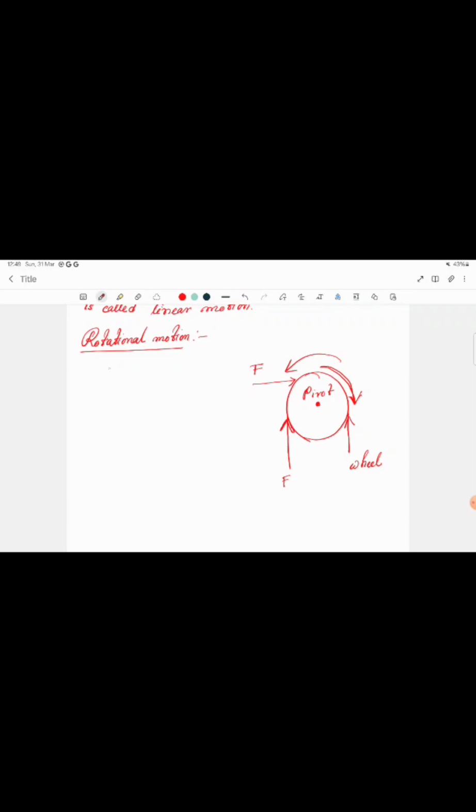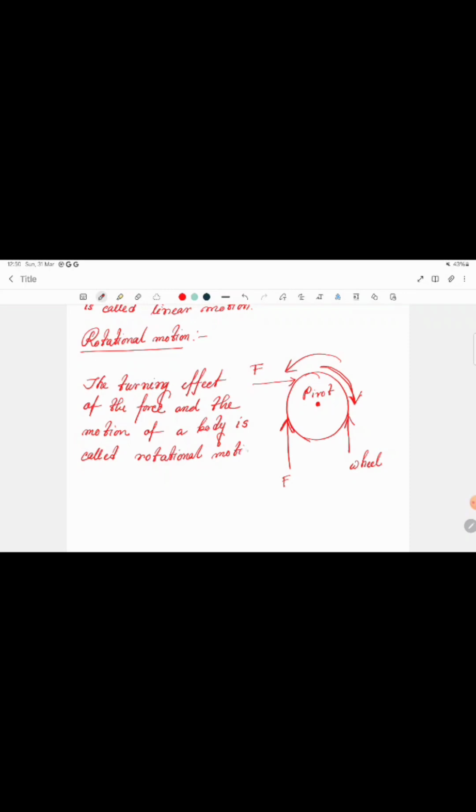So in one word, the turning effect of the force on the motion of a body is called rotational motion.